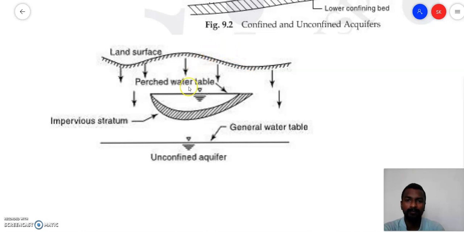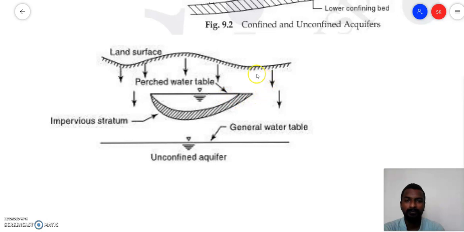Now when you dig at this particular location, it may happen that we get a perched water table, but as the quantity of this water is very small, many times people may feel that we have got water below the ground, and after some time we don't get anything, because whatever water was there is extracted or utilized, and there won't be availability of any kind of water.